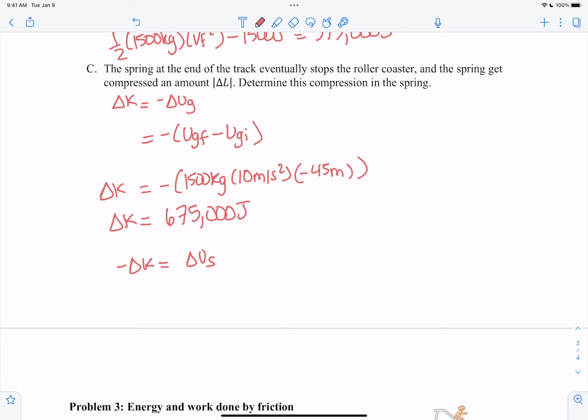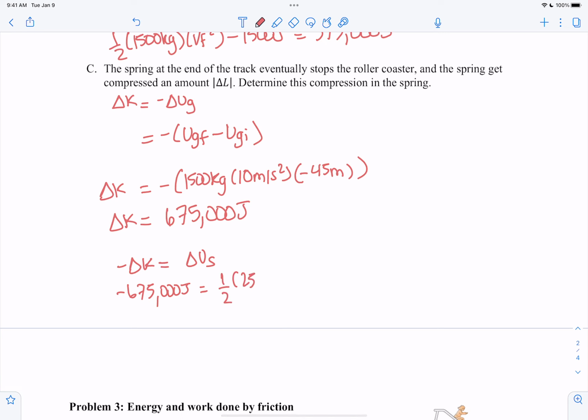So, once you set this up, right? Once you have negative 675,000 joules, then that should be equal to your final minus initial for spring potential energy. So if your final is, let's say, half kx squared, right?